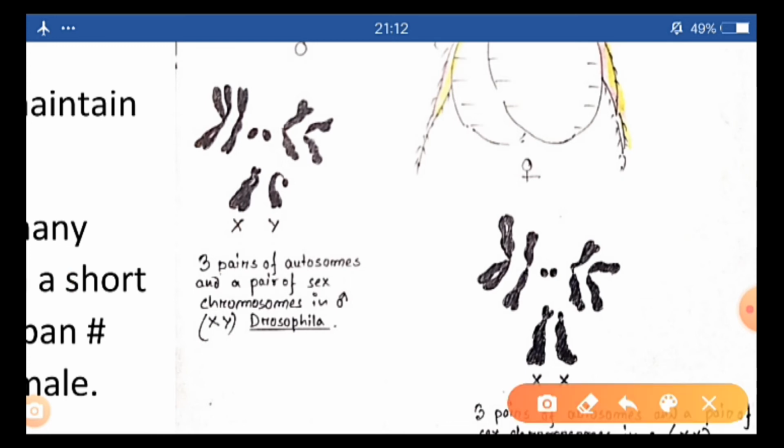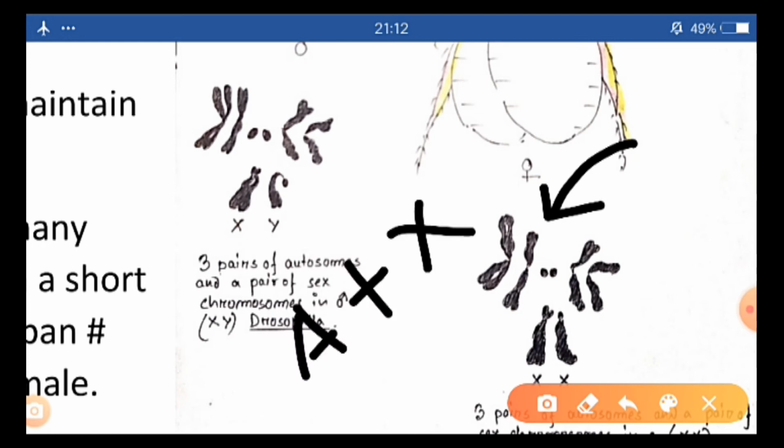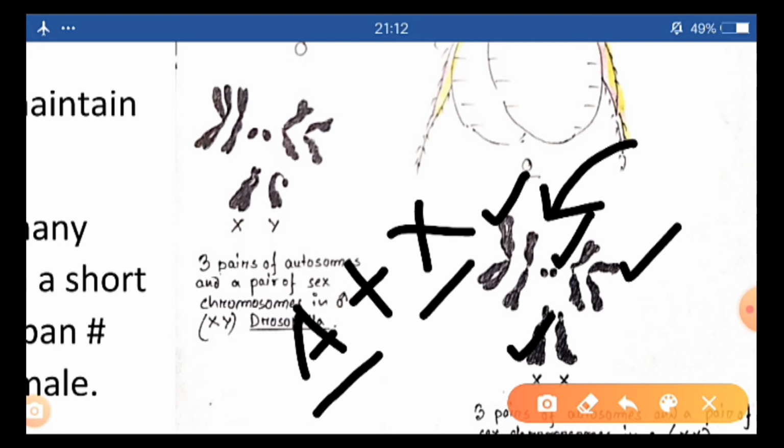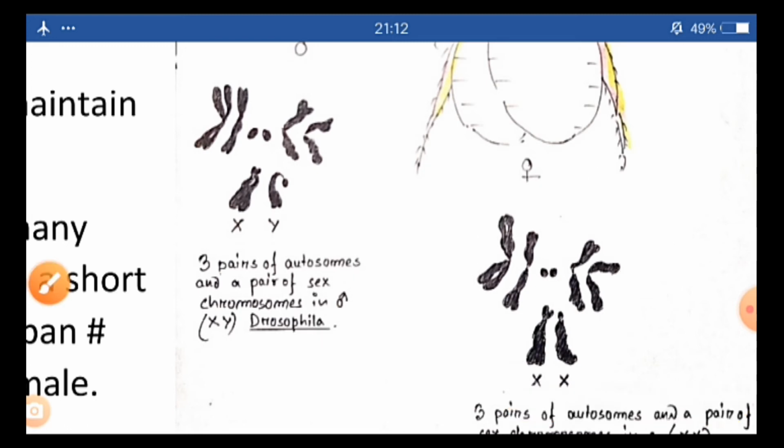But in case of female, it will be like this: A plus X. If we take this one, this one, this one, and from one, so there will be 3 autosomes and 1 X chromosome. Okay, and remaining autosomes and sex chromosome, they will form the another gamete.